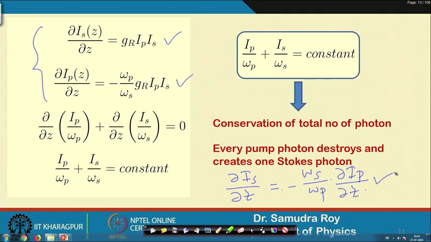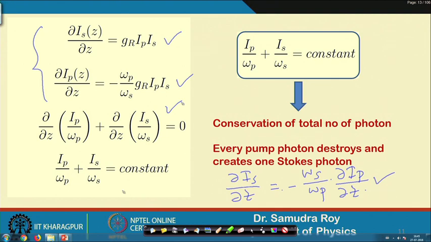I can write this equation in this particular form. This is a well known form, a Manley-Rowe kind of relation that we have been using for a long time for second harmonic generation, third harmonic generation, four-wave mixing. In all cases we find that the photon number remains conserved.